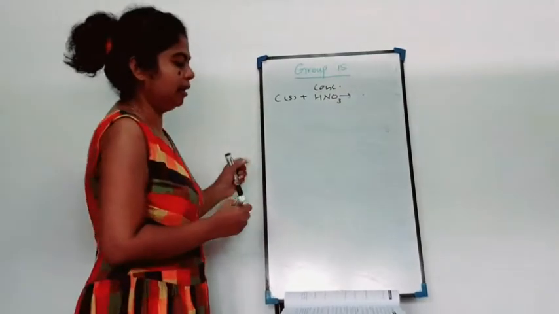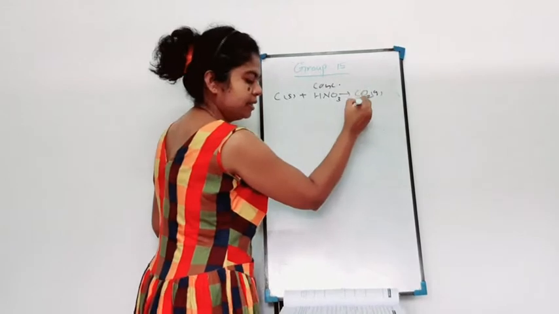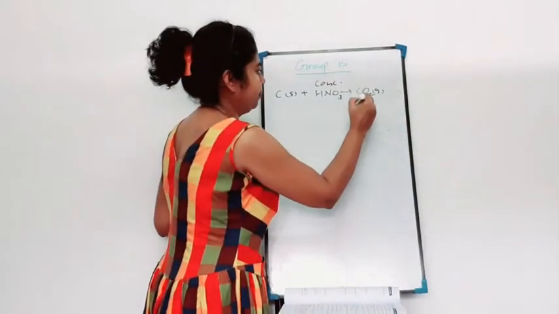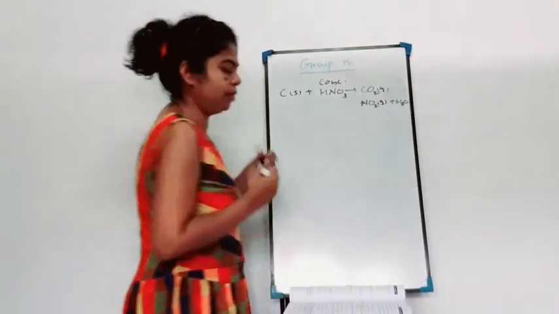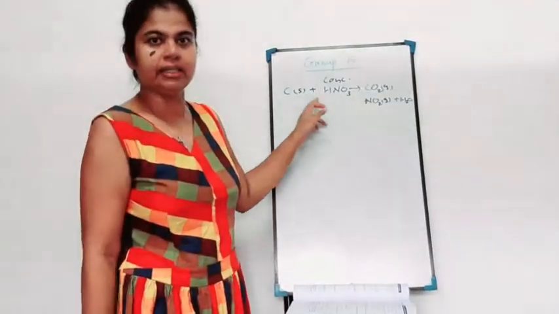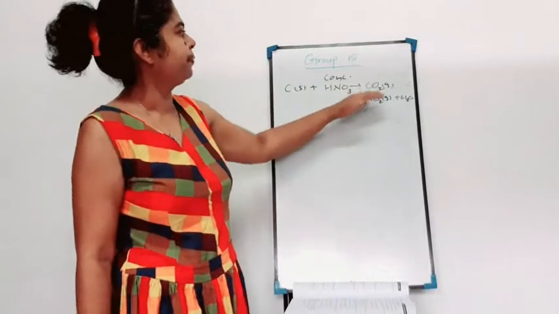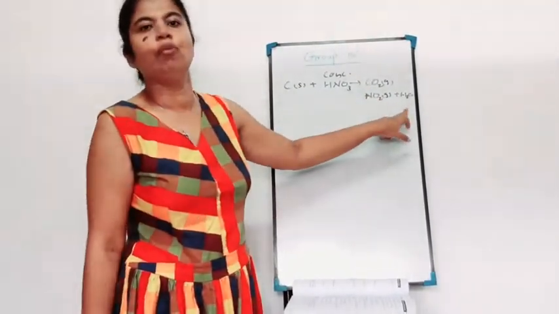Okay? Carbon dioxide gas, right? Then NO2 gas and water. Those are the products. So, this also should be memorized. Carbon, conc HNO3 gives out carbon dioxide, nitrogen dioxide and water.